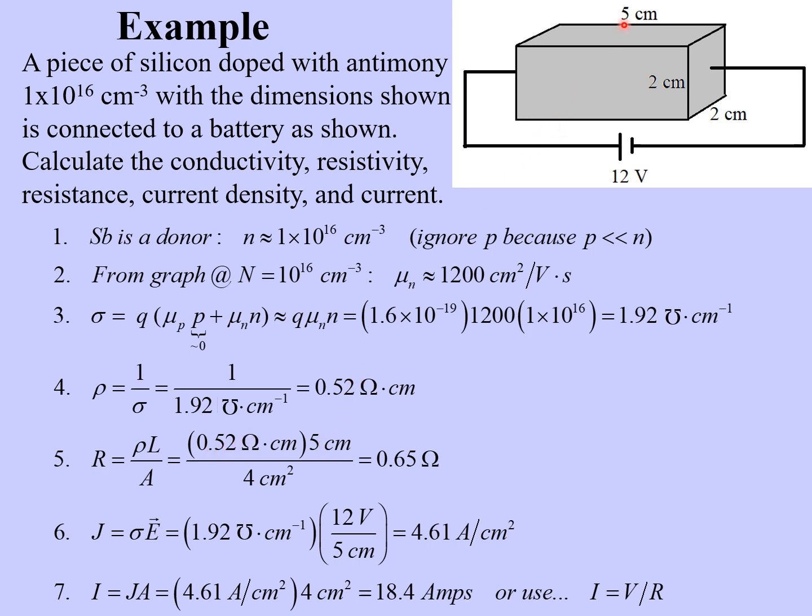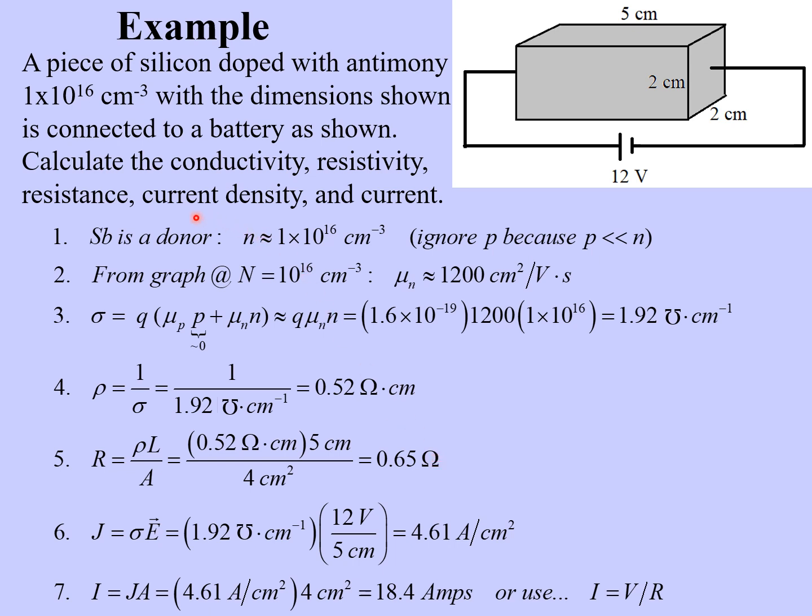It's given, right? The length of this thing is 5 centimeters. And the cross-sectional area is 2 times 2, which is 4 square centimeters. And so these centimeters up here cancel the centimeter squared down here, and we end up with 0.65 ohms. So that's the resistance of this block of material.